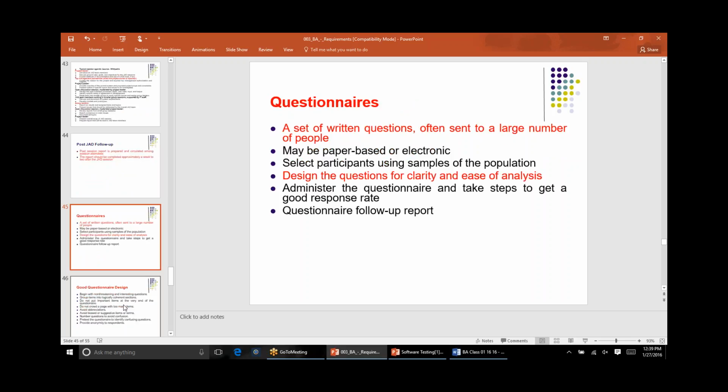Questionnaire. We talked about this yesterday, and these questionnaires are very important. They are critically important in most cases.